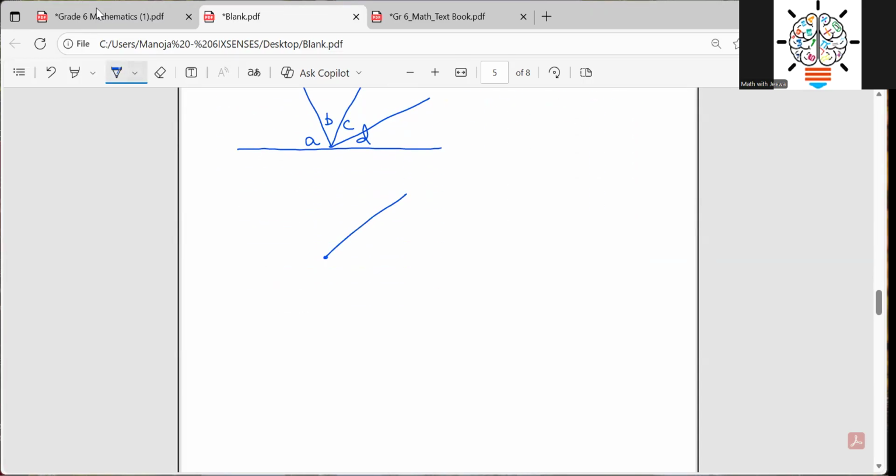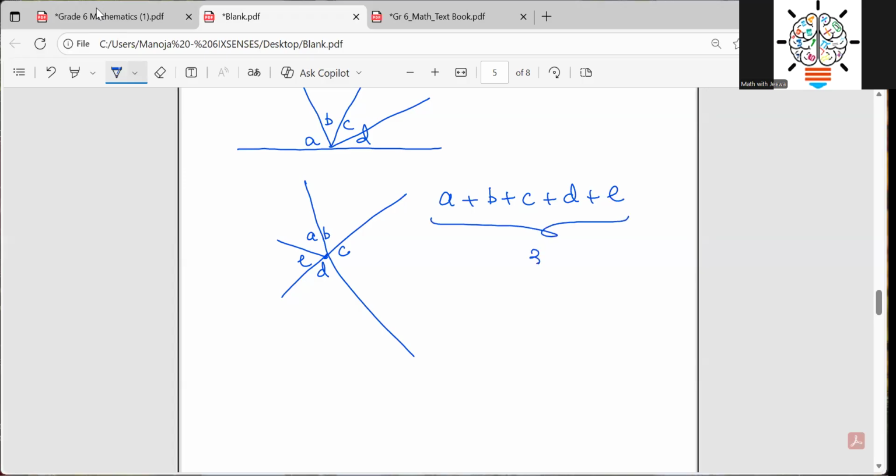If you have something like this, around this point I have a few angles, A, B, C, D, E. When you add everything together, A plus B plus C plus D plus E, all of them add up to 360. This is another thing you should know.